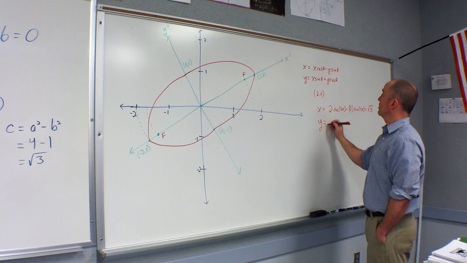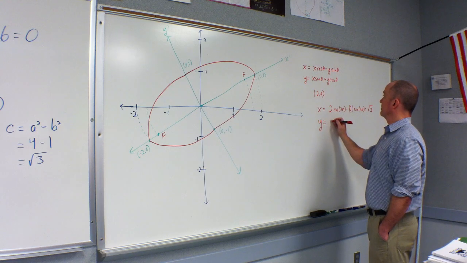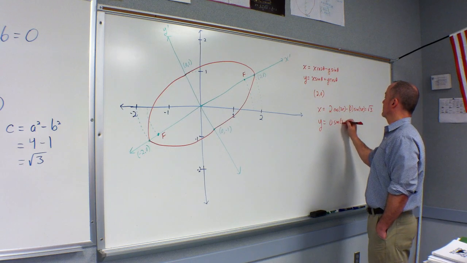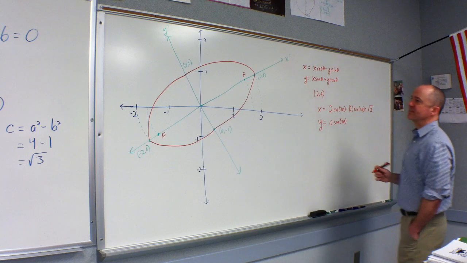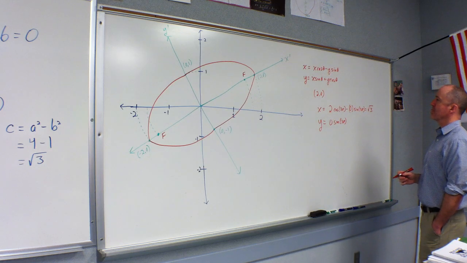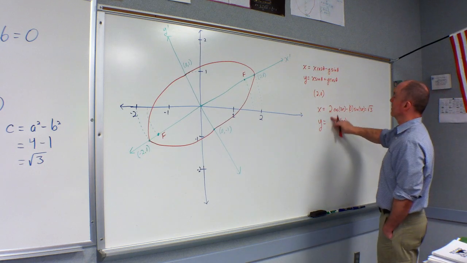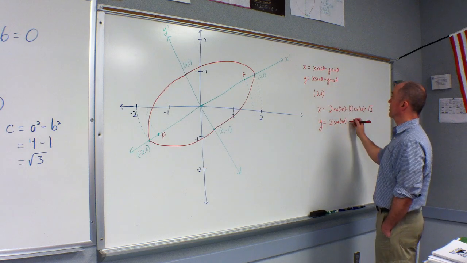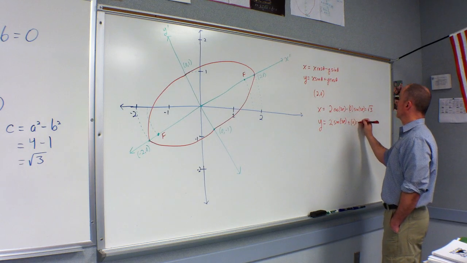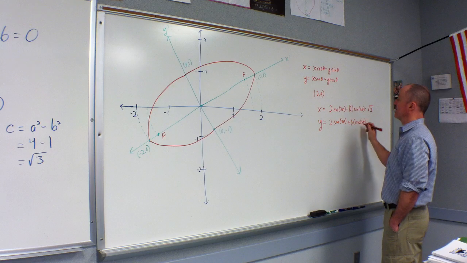And my new y would be, well, 0 sine 30 degrees. Wait, that doesn't make sense. Ah, no. I gotta use the x, sorry. 2 sine 30 degrees plus 0 cosine 30 degrees.